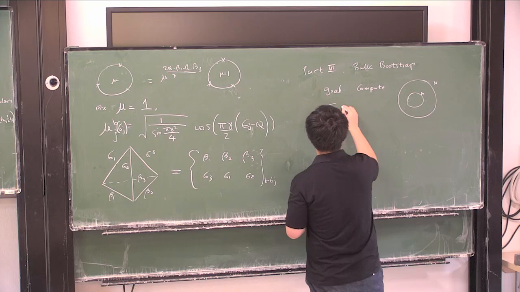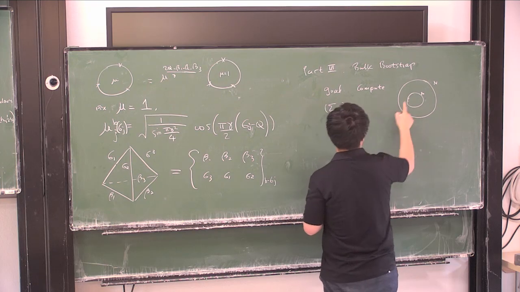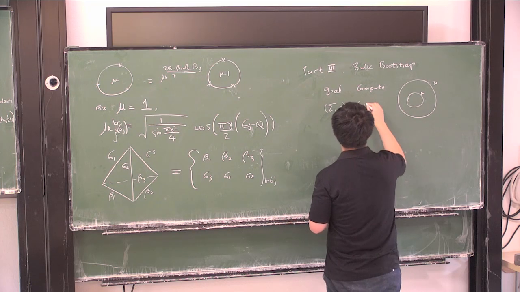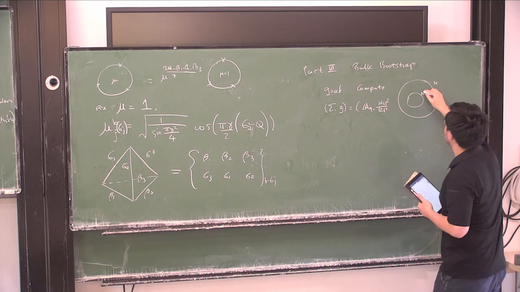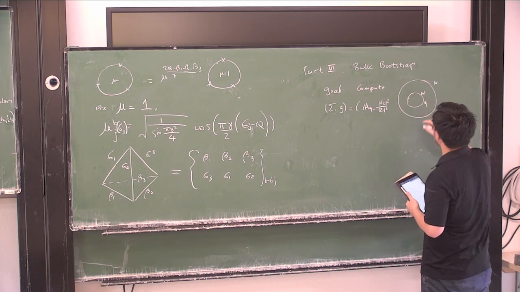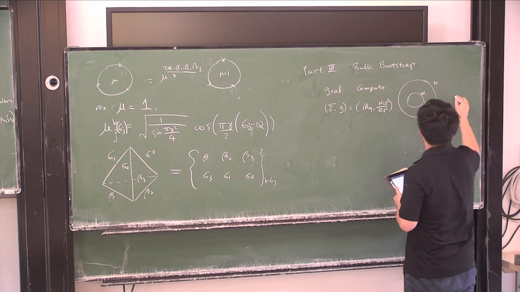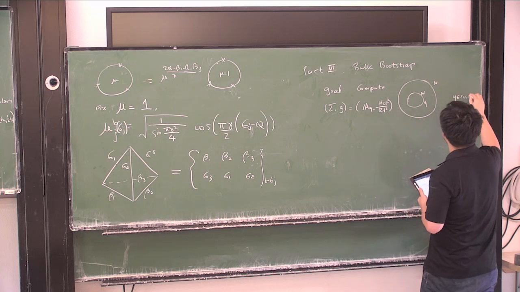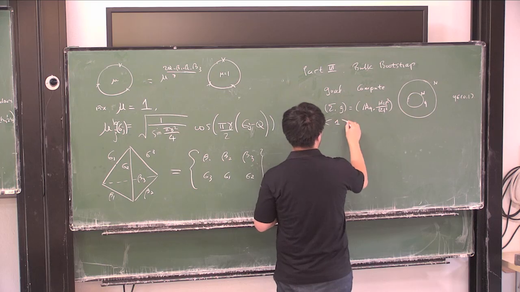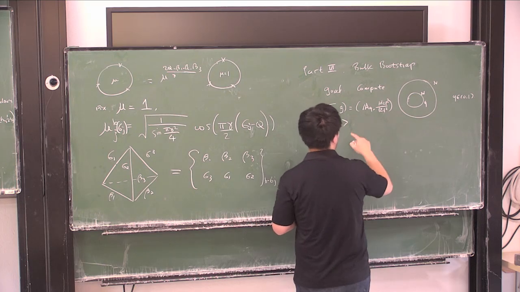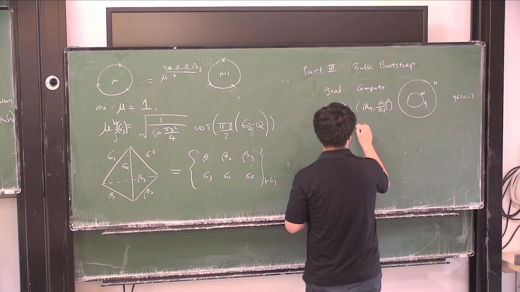The surface is the annulus and the metric is a flat metric on this annulus. The inner radius is given by Q, where Q is a real number. The goal is to compute the partition function of this surface.